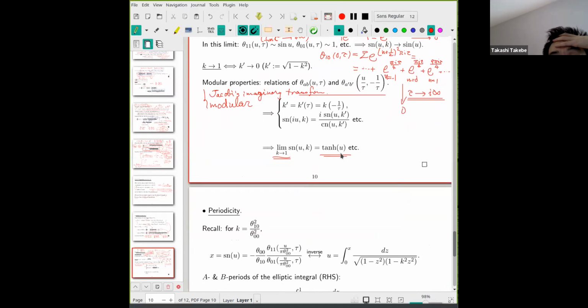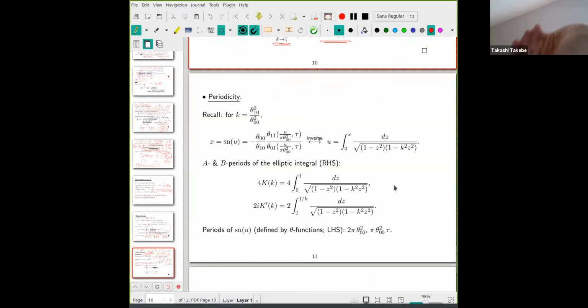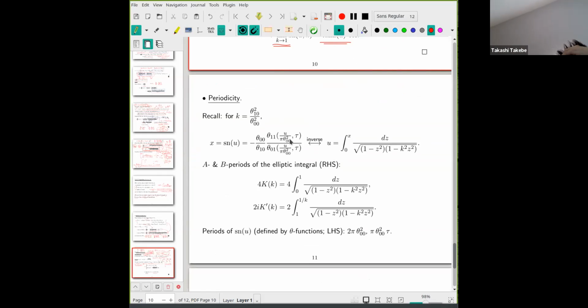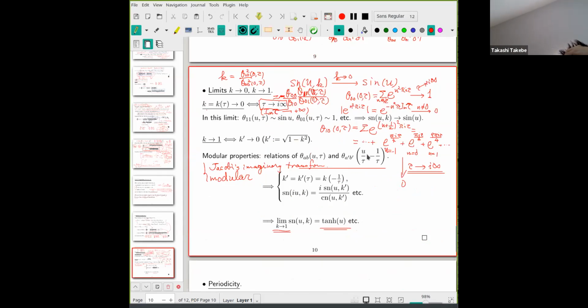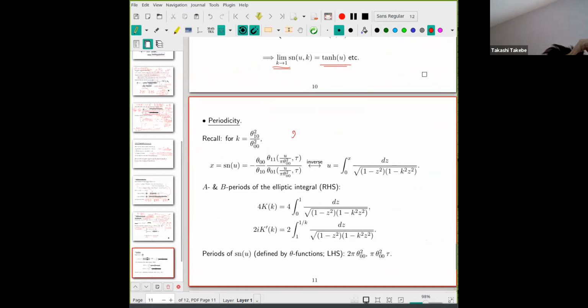So, yeah, this is another proof of this limit. The periodicity is a little bit more complicated. We know that sn has two periods. One is twice theta 0 squared.